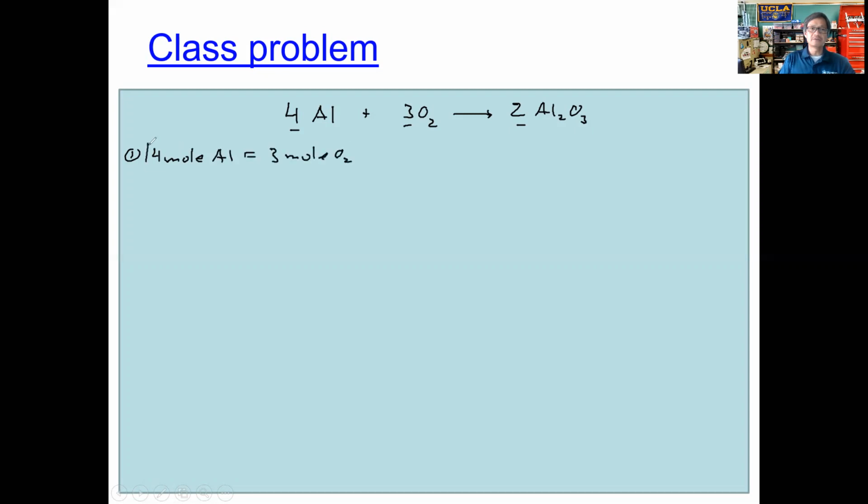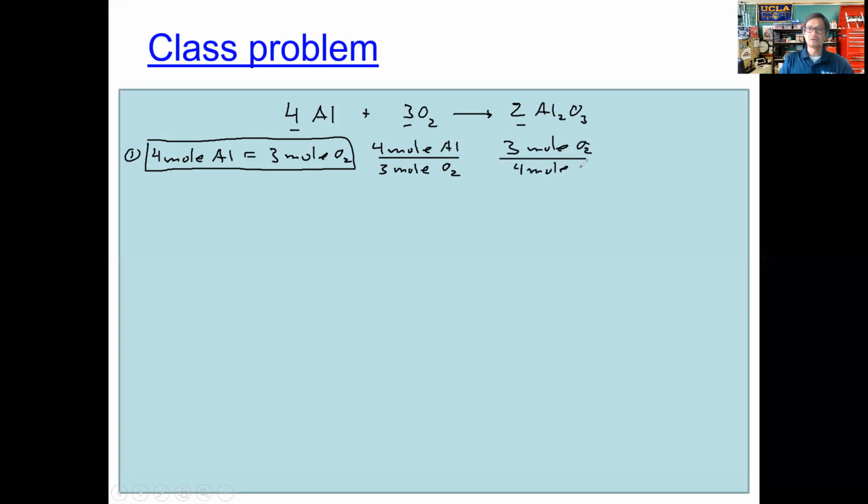This is the first equivalence we can establish from the balanced equation. The two mole ratios we can obtain are 4 moles of Al over 3 moles of O2, and the reciprocal, 3 moles of O2 over 4 moles of Al. Those two are equal because of this equality. That's the first set of mole ratios we can obtain. Whether we use this or not will depend on the problem.